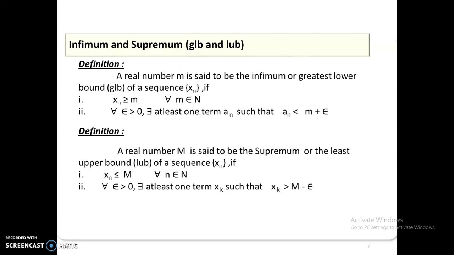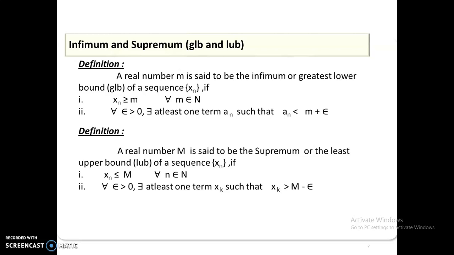A real number small m is said to be the infimum, or greatest lower bound, of a sequence xn if the nth term of the sequence xn is always greater than or equal to small m for all n belonging to the natural numbers N. And the second condition: for any epsilon greater than 0 given, there exists at least one term an such that an is less than or equal to m plus epsilon.